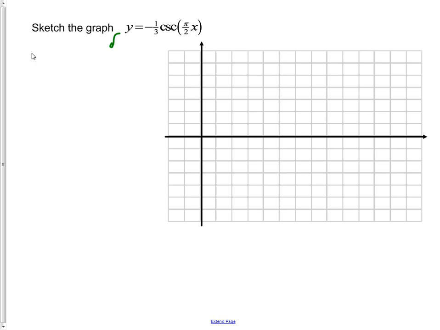So what we can do is we can use the function y equals negative 1/3 of the sine of pi over 2x, in order to help us get the locations of asymptotes and the shape of our graph, so to guide our sketch.